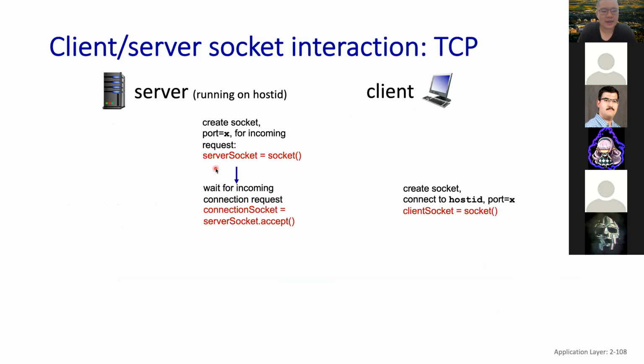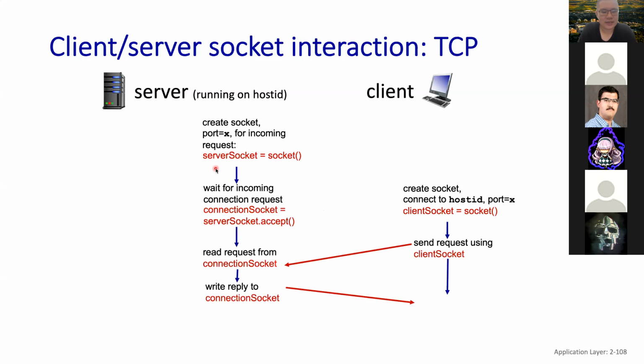And on the client side, you create the socket, you specify the port number and the IP address or server host name, and after that you establish the TCP connection. After you establish the connection, then you send the data.